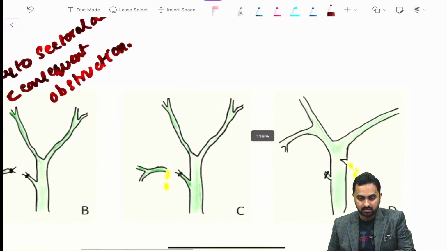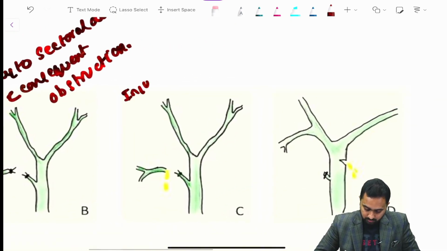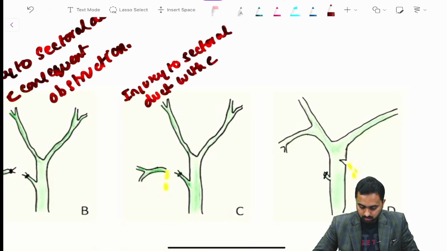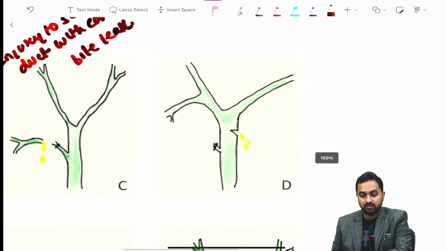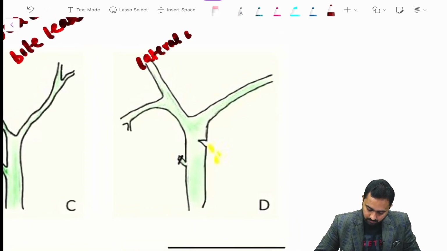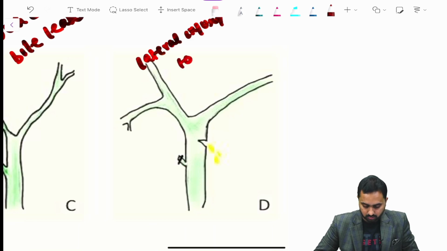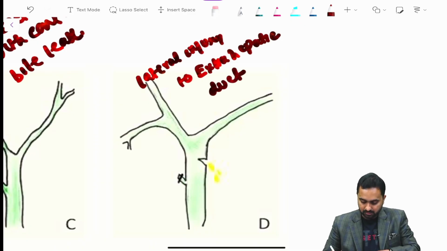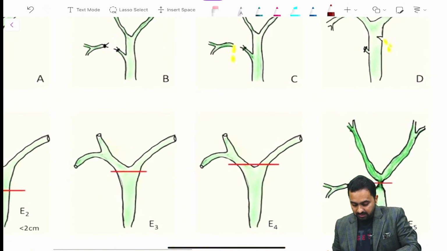Now, type C is your injury to your sectoral duct with consequent bile leak, and if you see in your type D, it is your lateral injury to your extrahepatic duct. Right.